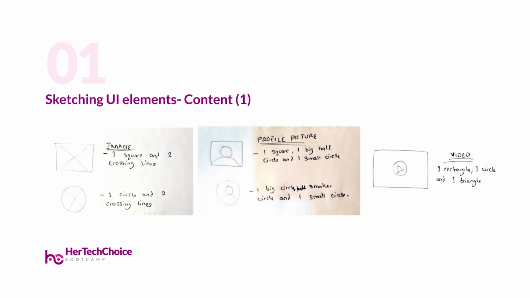Alright, when you're drawing an image, you can use one square and two crossing lines that depicts an image in a sketch. And also a circle and two crossing lines might also depict an image. Also, when you're trying to draw out a profile picture, one square, one big half circle, and one small circle makes up the profile picture, and that goes for also one big circle, half smaller circle, and one small circle.